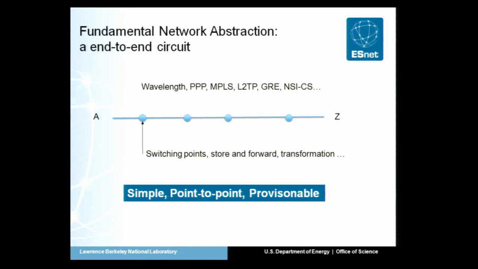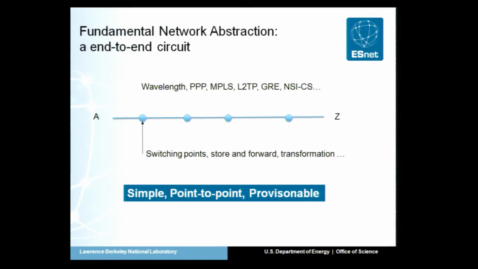So, going back to setting up the case for looking at abstractions, this community is very familiar with the fundamental network abstraction, which is an end-to-end circuit. What that means is, if you look at wavelengths or PPP, point-to-point protocol, MPLS, L2TP, GRE, or even NSI connection services, this is an end-to-end circuit which connects point A to point Z and provides an abstraction to the end side that A and Z are connected.